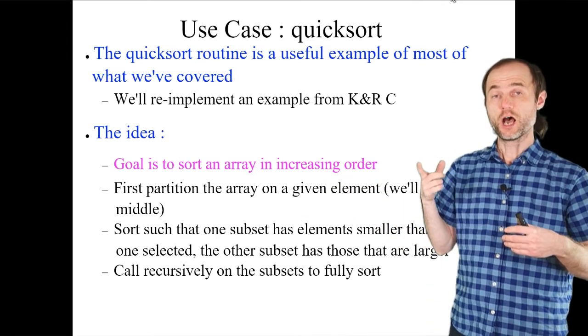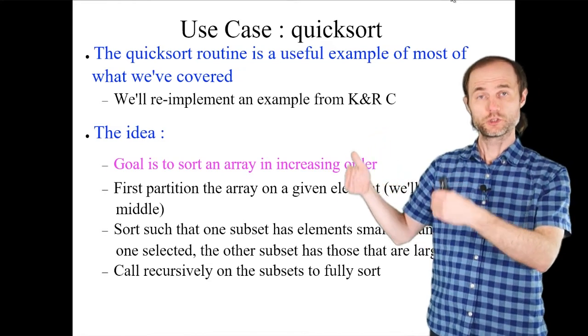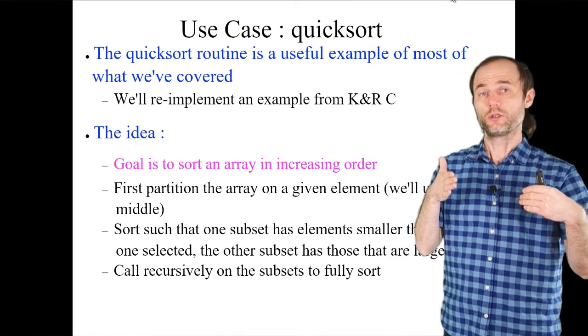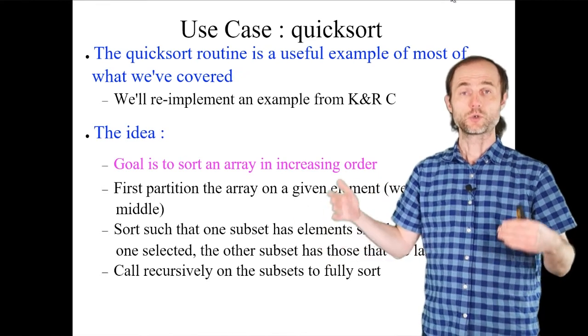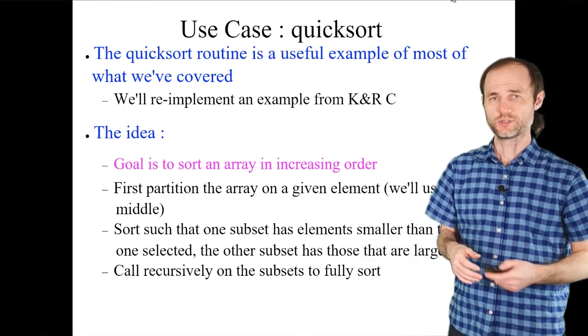And then we will call that algorithm to sort this smaller subset and separately the larger subset, which then will get automatically sorted, and the entire array will get sorted as a result.